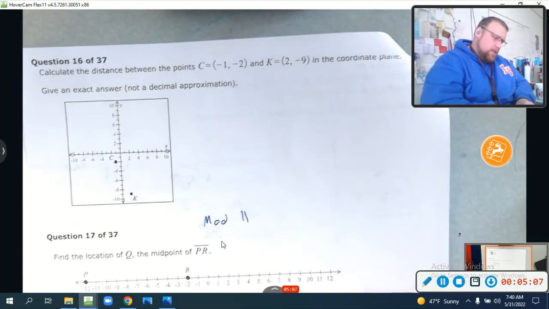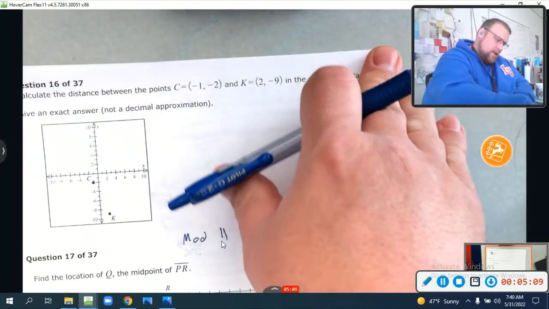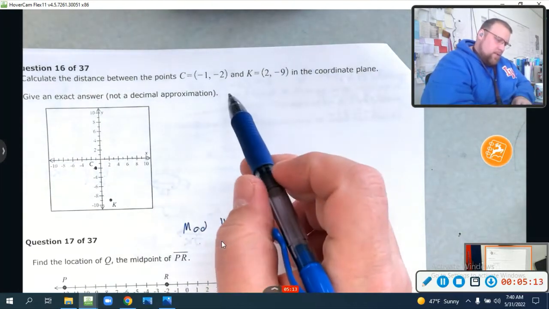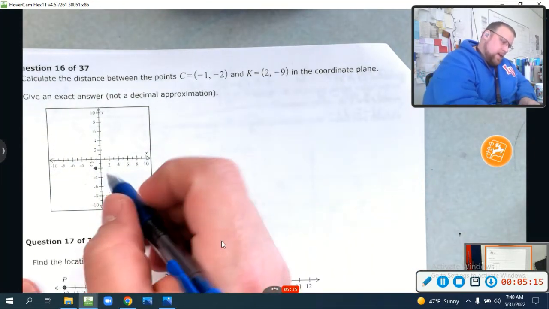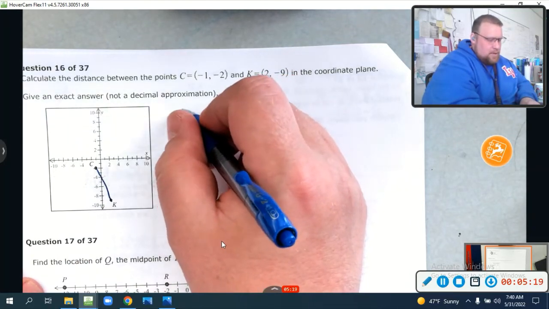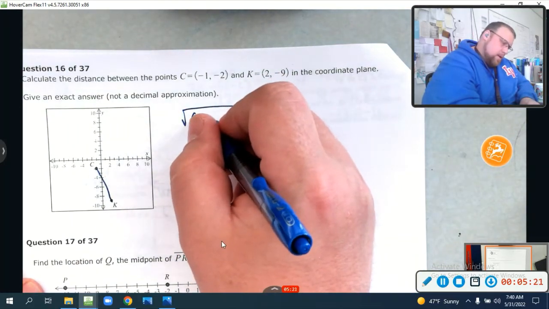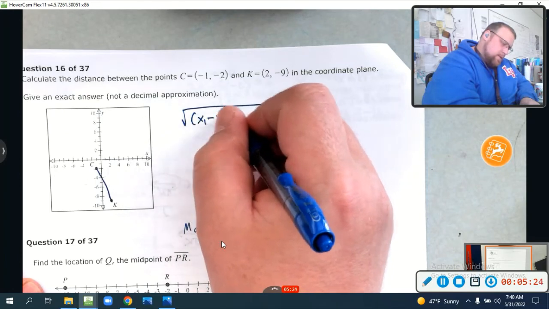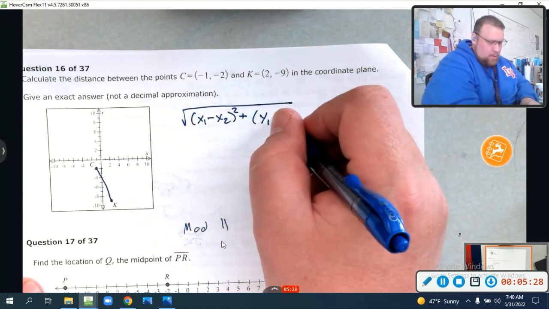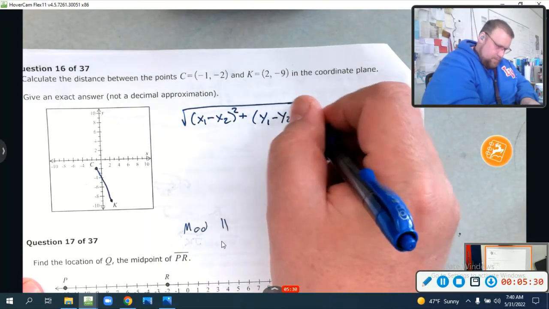And last question we're going to do for this is calculate the distance between (-1, -2) and (2, -9). You want to know that distance formula, right? That's the square root of x1 minus x2 squared plus y1 minus y2 squared.